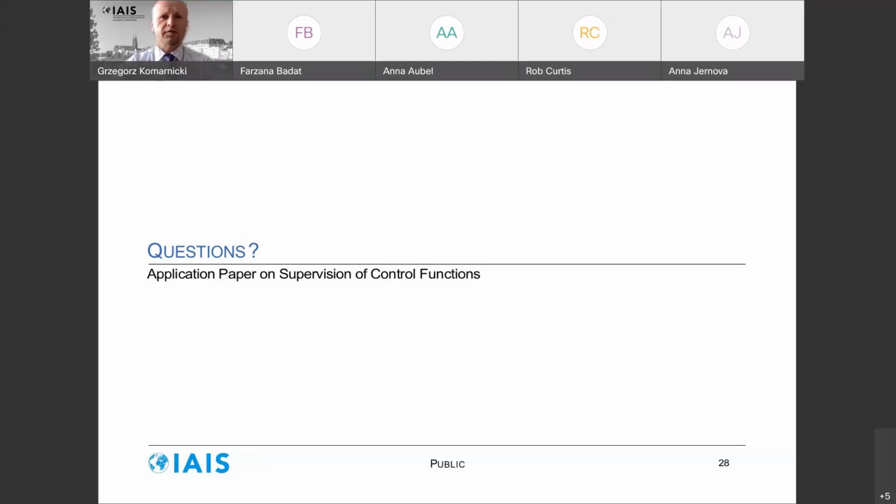But we are also now discussing what specific additional projects should be taken on by the governance working group, and this is part of the broader IAIS-wide exercise of developing the next roadmap for the next 2 years, 2022 and 2023, and this process should be finalized in November this year. So we would also ask you for a bit of patience, and we should be able to come back to you with some more specific plan for our future work later this year.